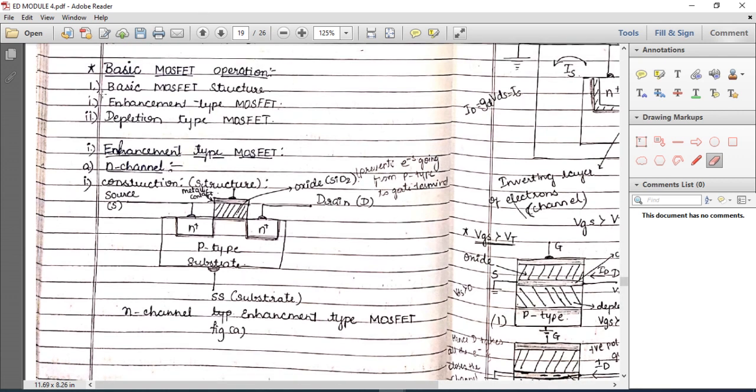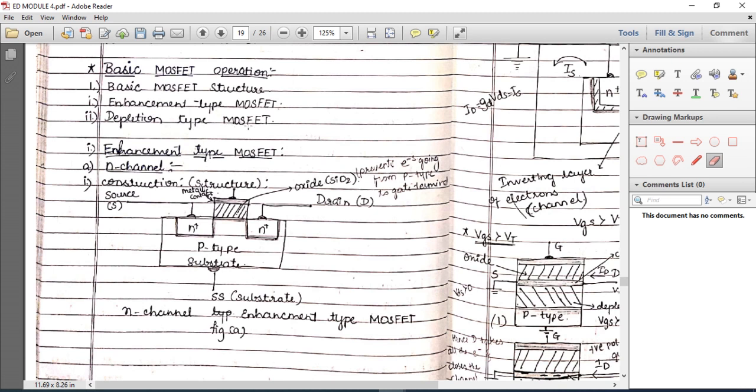So this is the basic MOSFET operation. Here the first topic in this is the basic MOSFET structure. In this we have two types. One is enhancement type MOSFET and the second is depletion type MOSFET.